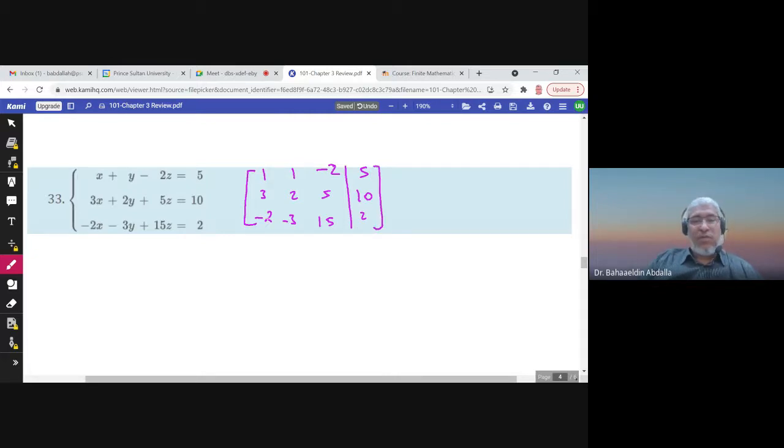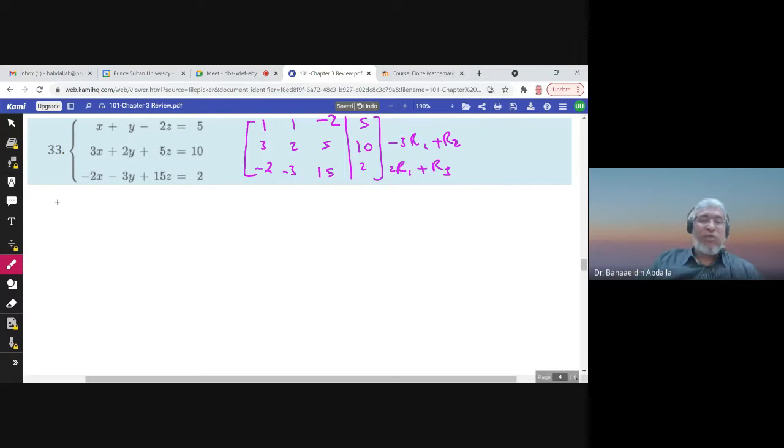This is the augmented matrix. This number has to be 1. It is already 1. Let me check that I did not make a mistake. Okay, good. So negative 3R1 plus R2 and 2R1 plus R3 will make the first column 1, 0, 0.